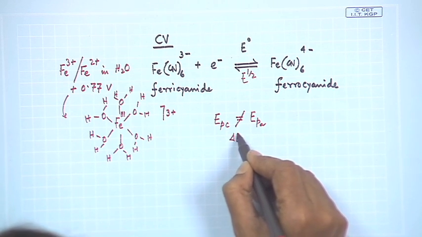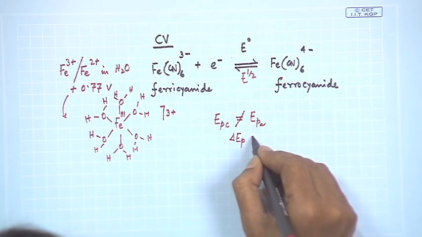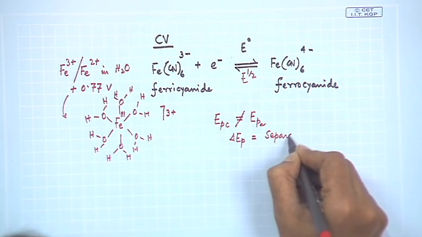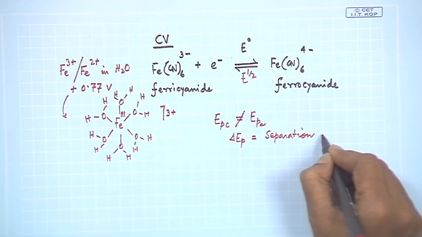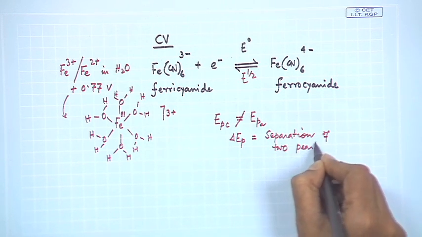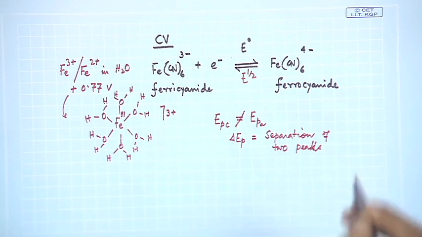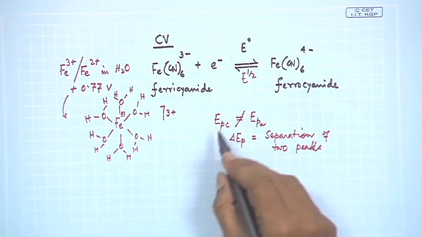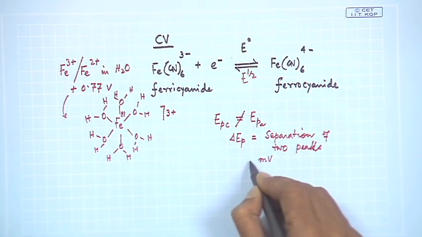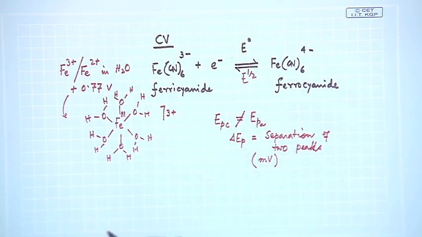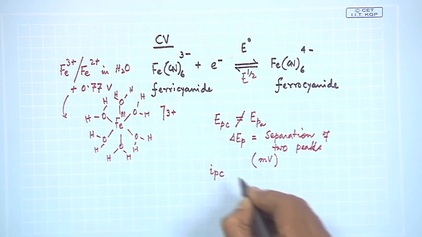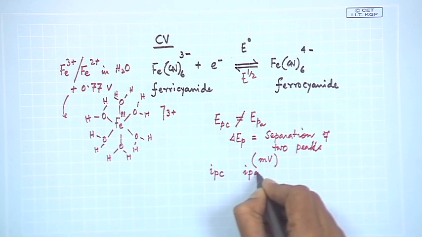That means we must have another quantity, your delta EP, which is your separation of two peaks. So, this separation of two peaks sometimes we report not in terms of volt, but in terms of millivolt. And also we see the corresponding currents, IPC and IPA.